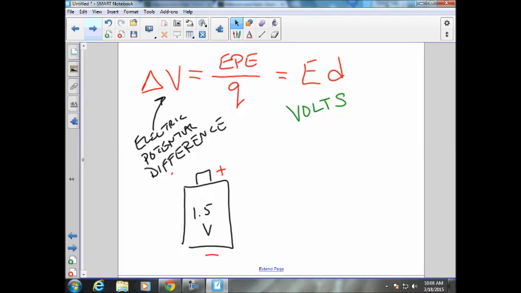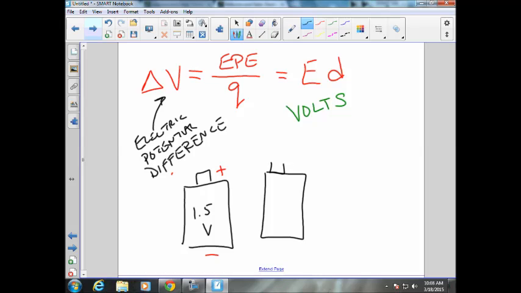Your average, ordinary, everyday 9-volt battery, same thing. In fact, it is exactly the same.